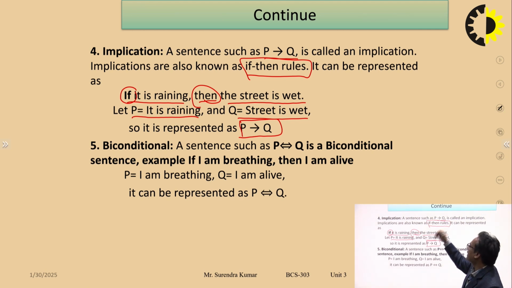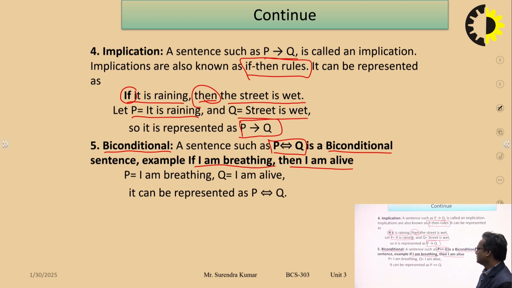Again, there is one kind of condition also where we have if and only if. For this we are using the biconditional propositional connective. A sentence such as P double implies Q is a biconditional sentence, like: if I am breathing, then I am alive, or you can say if and only if I am alive.